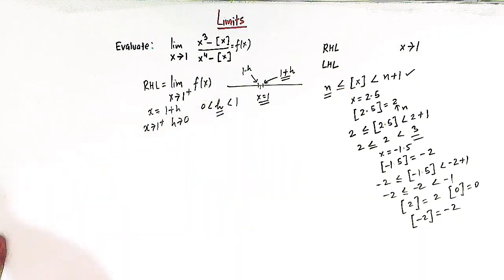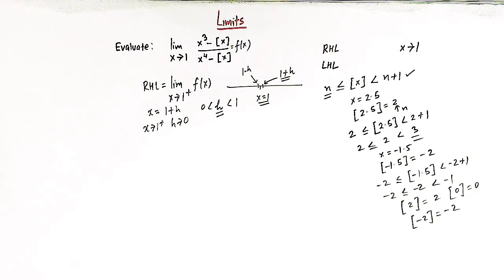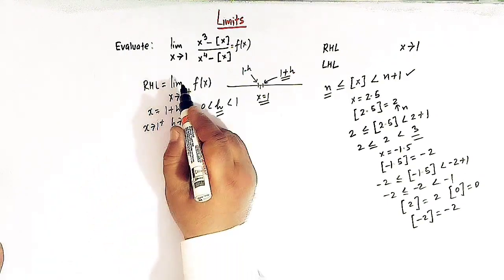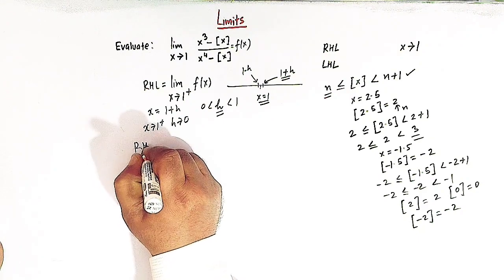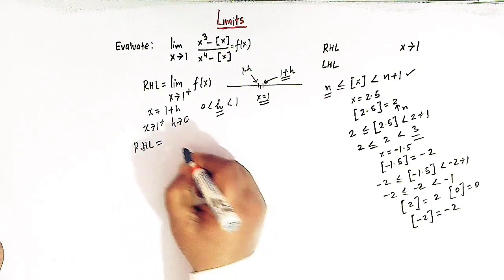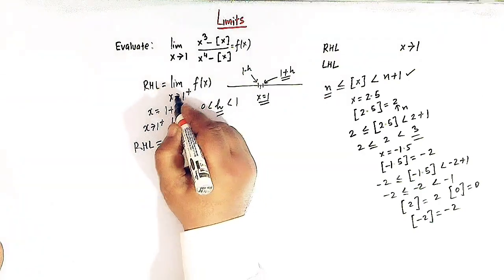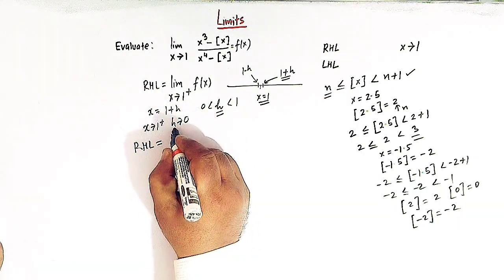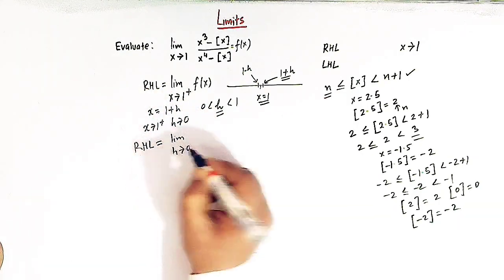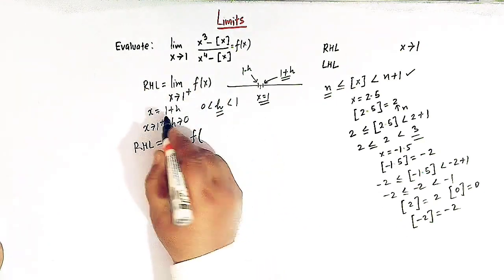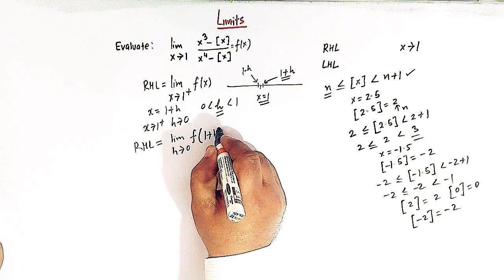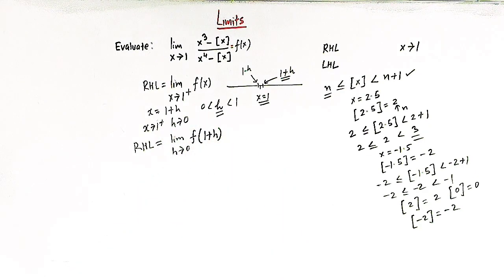So h is a very small quantity. Writing this limit in terms of h, the right hand limit is limit h tends to 0 of f of 1 plus h.